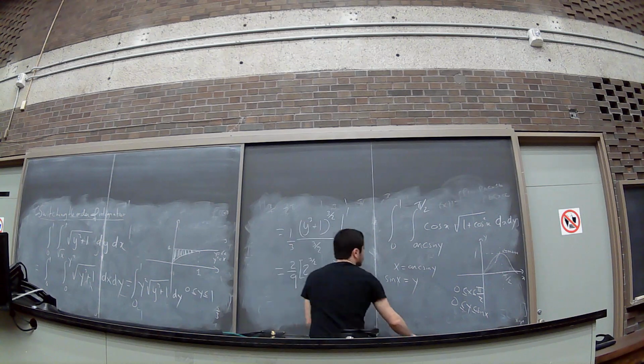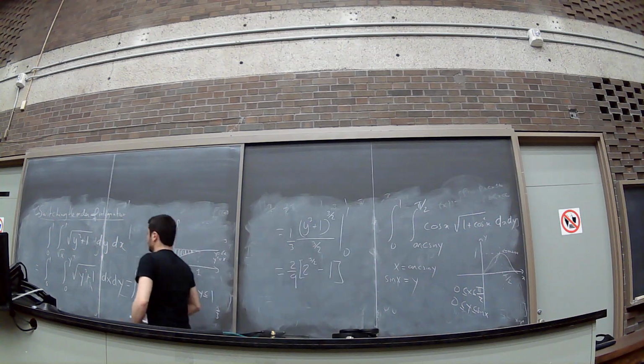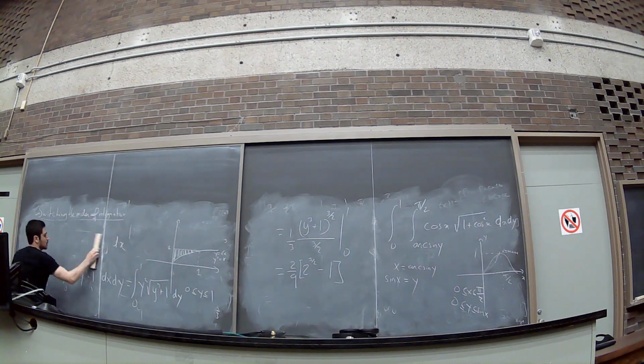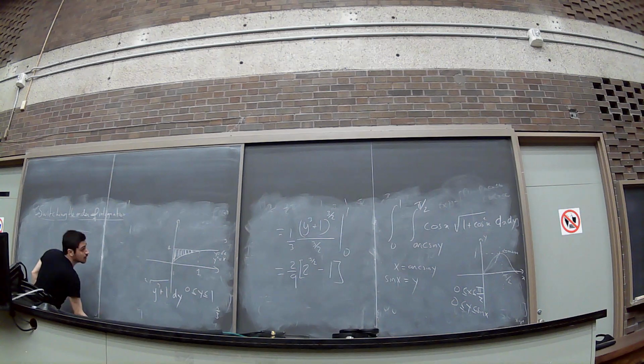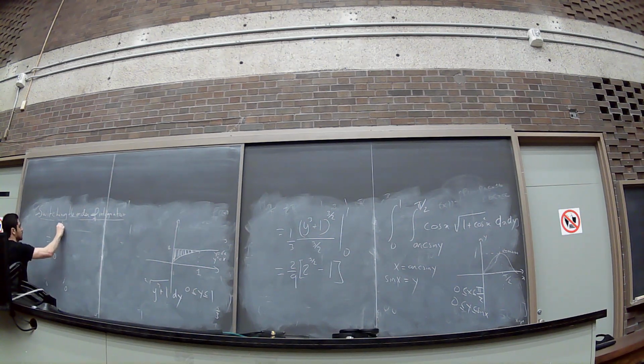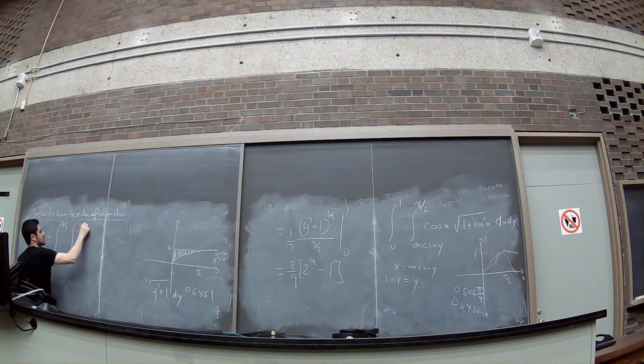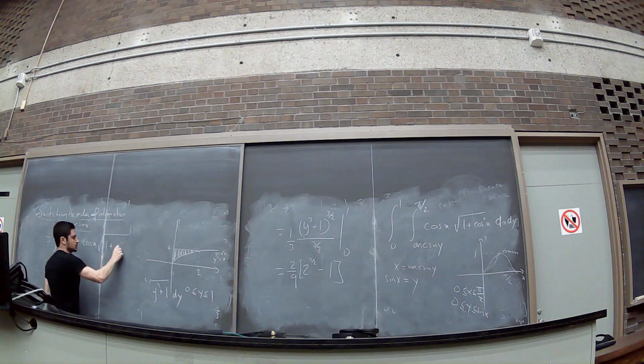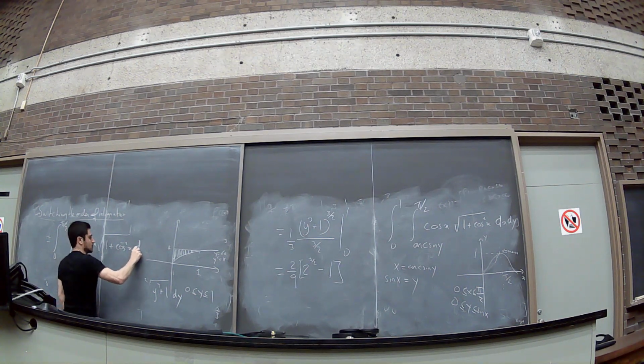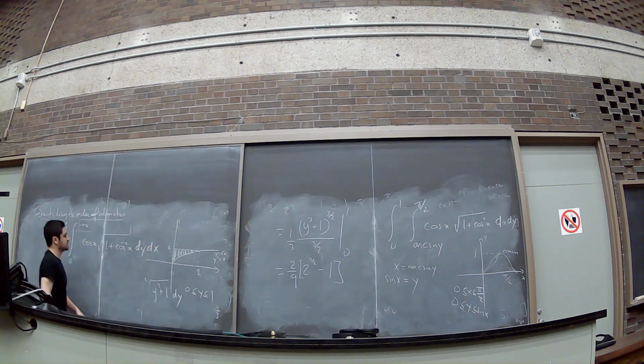Oh wait a minute, that could be done here. So let me finish this integral. X goes from 0 to pi over 2, and y goes from 0 to sine x. What did I have here? Cos x square root of 1 plus cos squared x, dy dx.